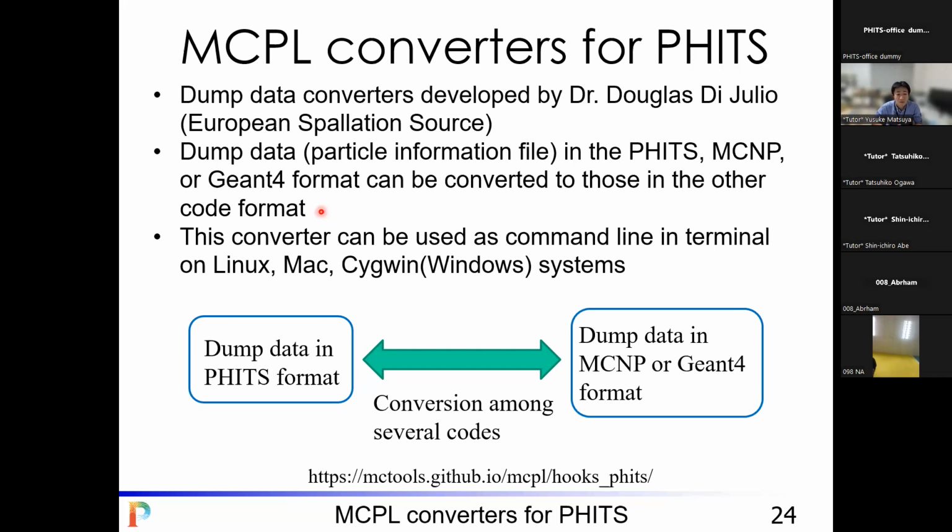And this converter can be used as a command line in the terminal on Linux, Mac, Windows system. If you are interested in these converters, please see the URL described here. Okay, that's all. Thank you very much for your kind attention.